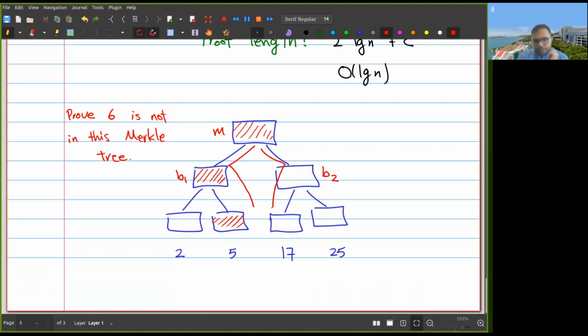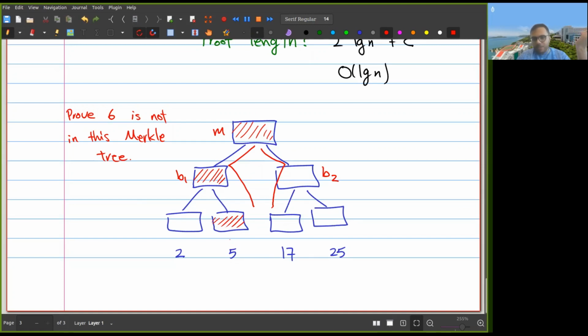Now, by just having these two paths and by knowing the depth of the tree, I can say for sure that a path that goes like this is going to go to the second leaf, and a path that goes like this is going to go to the third leaf. So if I know that my second leaf is 5 and my third leaf is 17, and if I also have the rule that all of my leaves are in sorted order, then I know that 6 is not there.